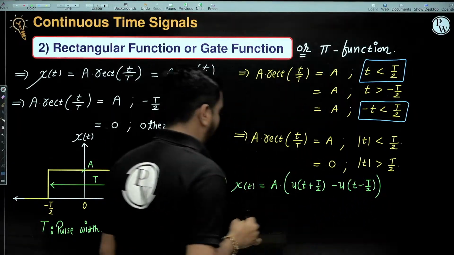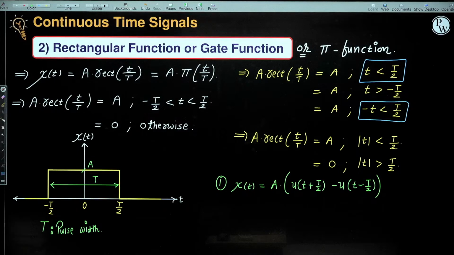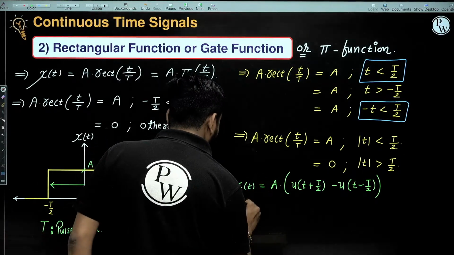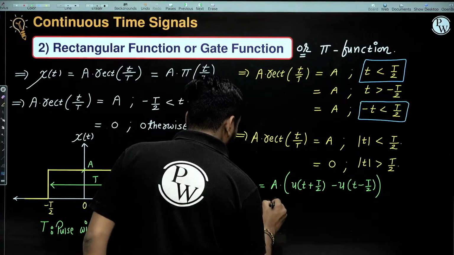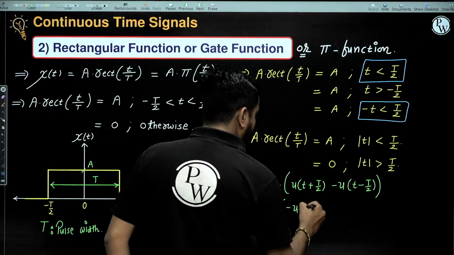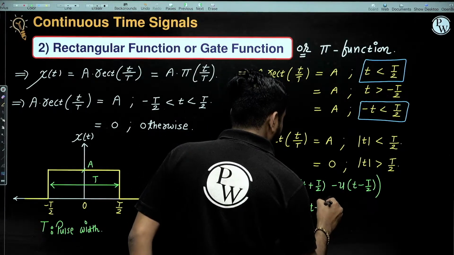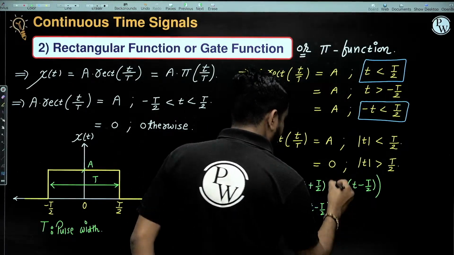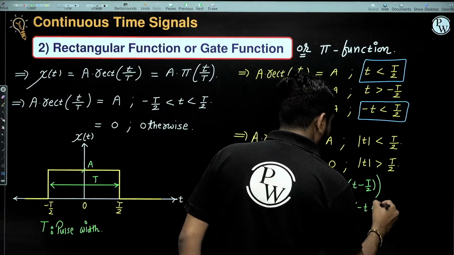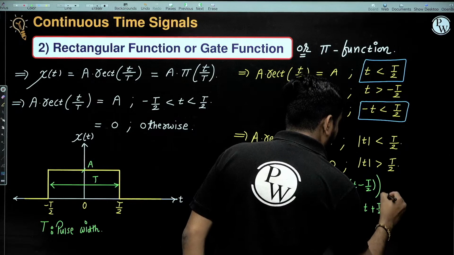This is the correct way. Second, both left sided: you have to change the amplitude sign, minus u of minus t minus T by 2, minus u of minus t plus T by 2. So this is also a correct way.